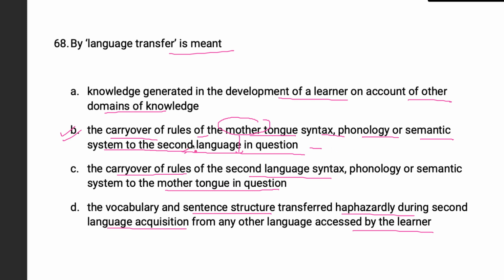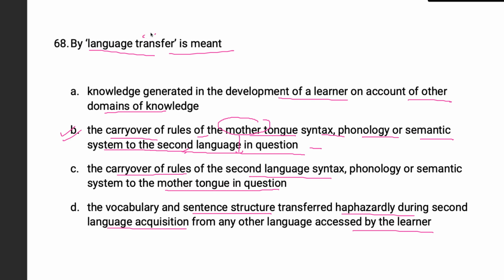In that way, it is easy to understand the second language. We try to learn the second language with the help of our mother tongue. So what we do, we carry the rules of grammar or the phonology, the phonetics, the sound system, the morphology, the structure of words to the second language. It is easy to learn the second language.